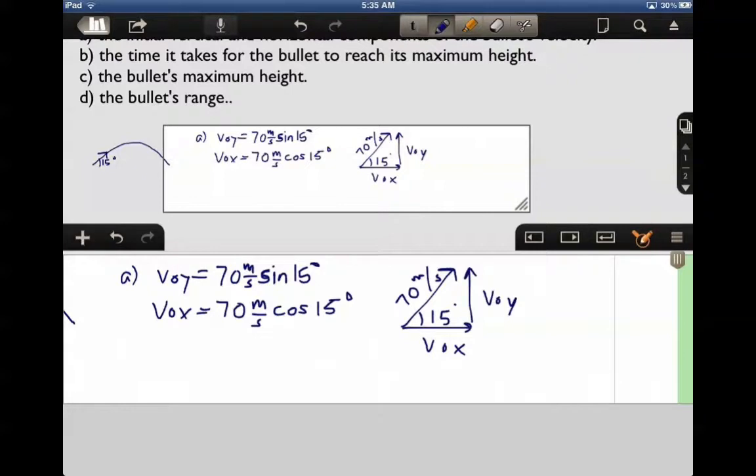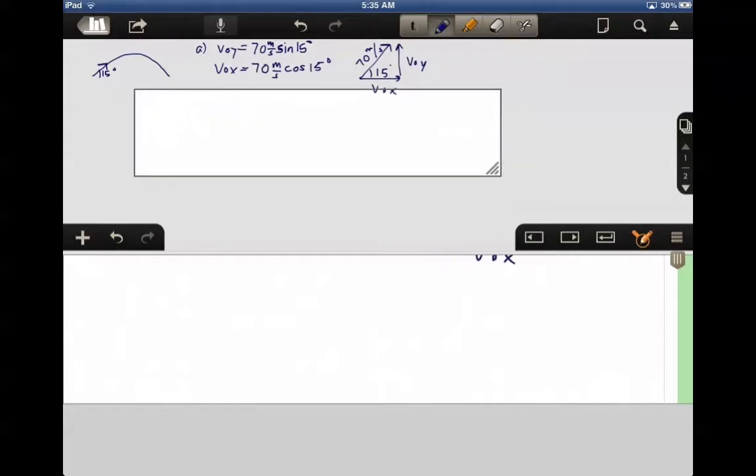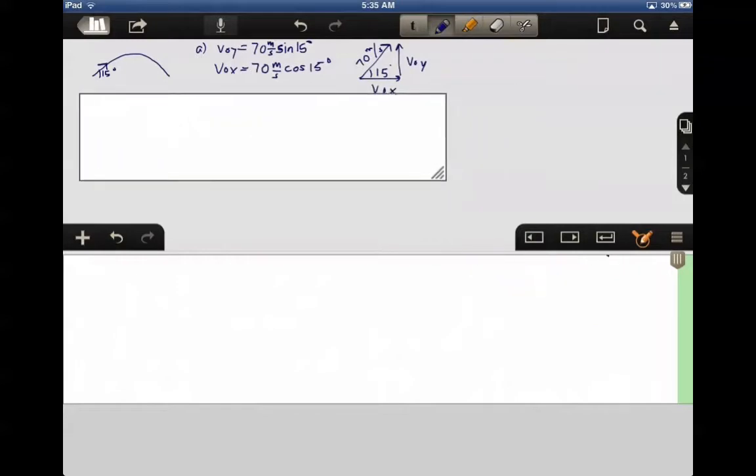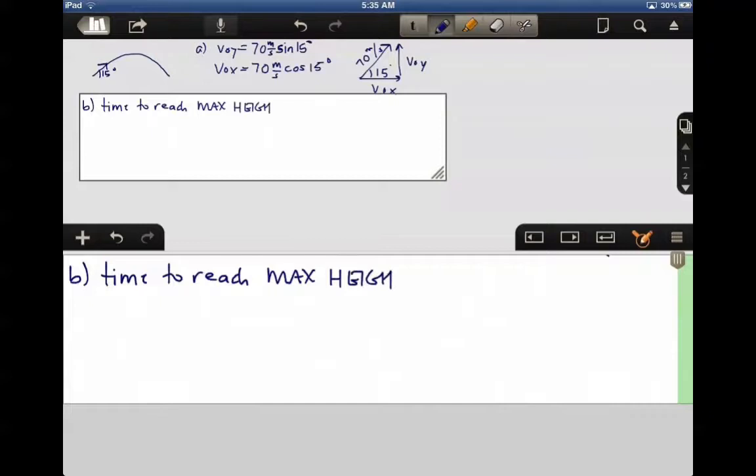Now, if I want to find the time it takes to reach the maximum height in part B, I'm really looking at the y direction here. So from the y direction, I have the following information.